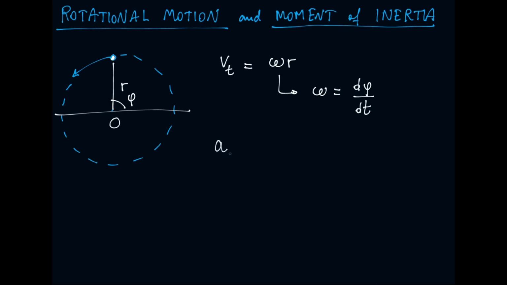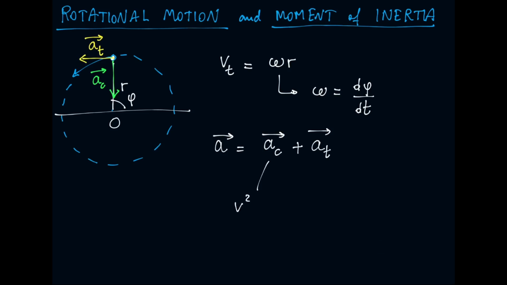And we said, for example, that the acceleration of this object has two components: a centripetal component that is always pointing towards the center of the circle, and potentially a tangential component that doesn't have to be there, but it may be, related to whether the object is speeding up or slowing down.